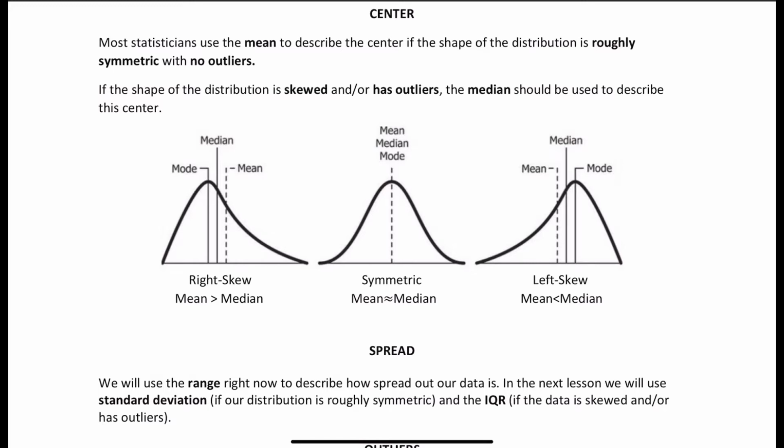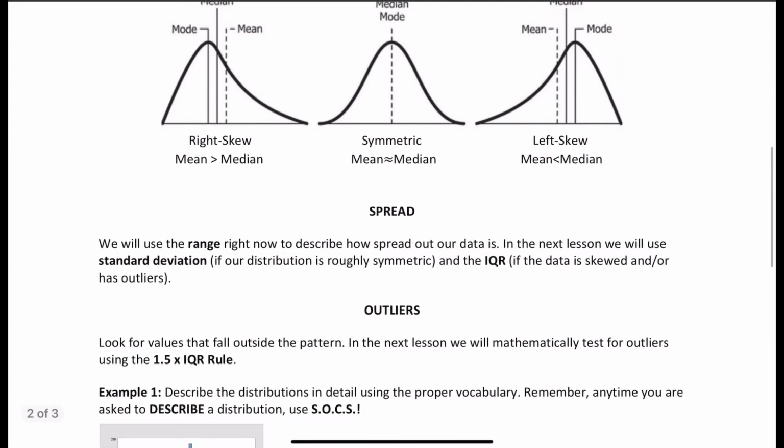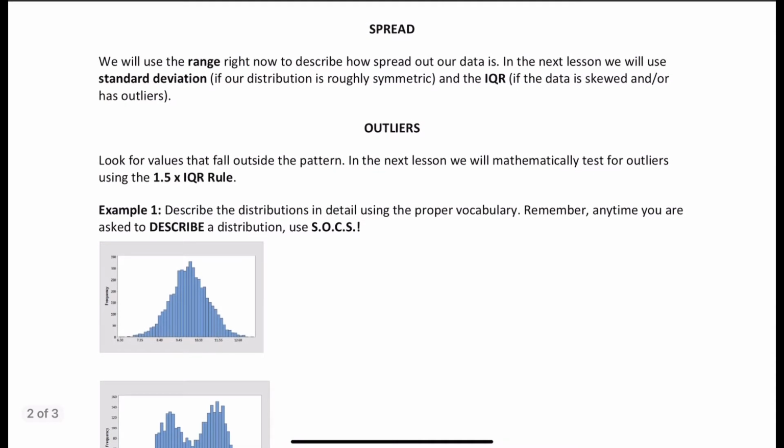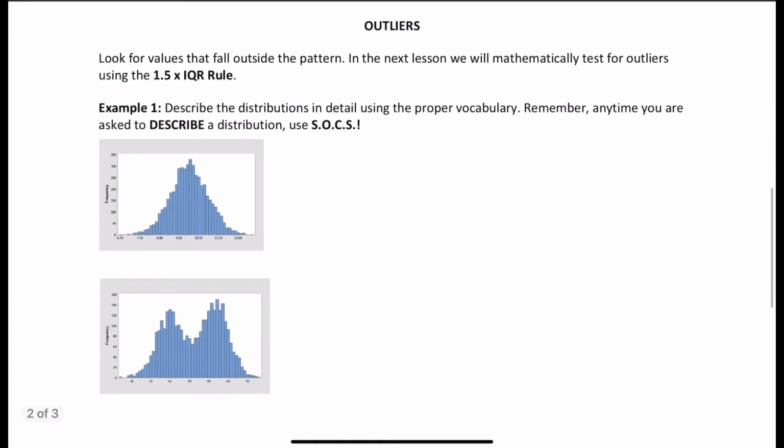And those are things we're going to go over more next week, when we actually talk about these data values and calculate them. Spread, just like I said up above, we're really only going to be using range today. Standard deviation and IQR we're going to talk about next week. Outliers, we're just looking for things that are outside of pattern, something that looks different from what's shown in the big graph. We're going to talk about mathematically how to find them again next week.